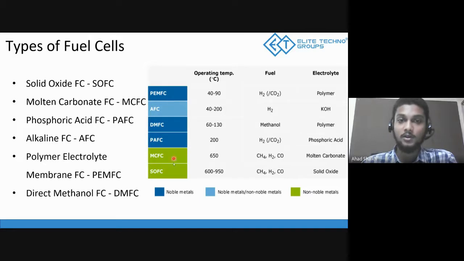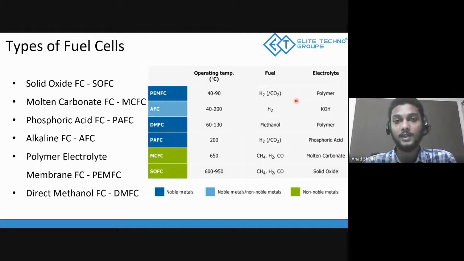You can see there are around six fuel cells listed here. Their operating temperature is given, which fuel they use, and what electrolyte material they have. Can you let me know on the basis of these parameters?